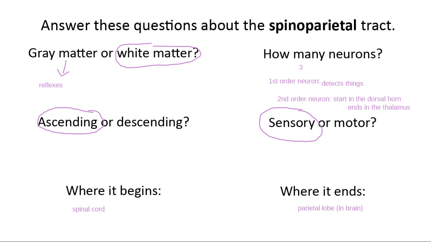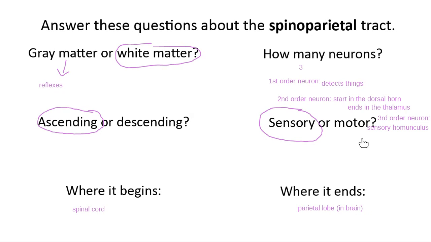So it's going to send that information where it needs to go. It's going to synapse with the correct third order neuron. And that's the one, in this particular case, that's in the parietal lobe. A lot of our third order neurons go to that sensory homunculus. That's where that third order neuron is found.